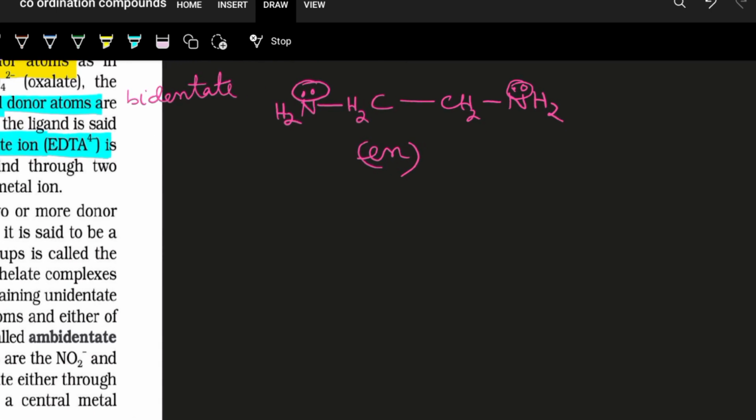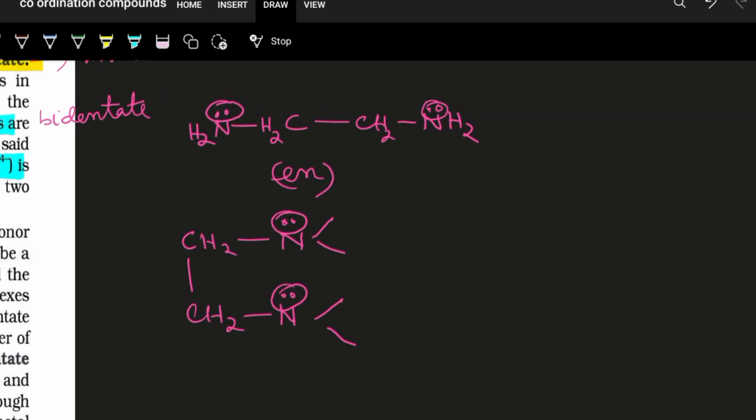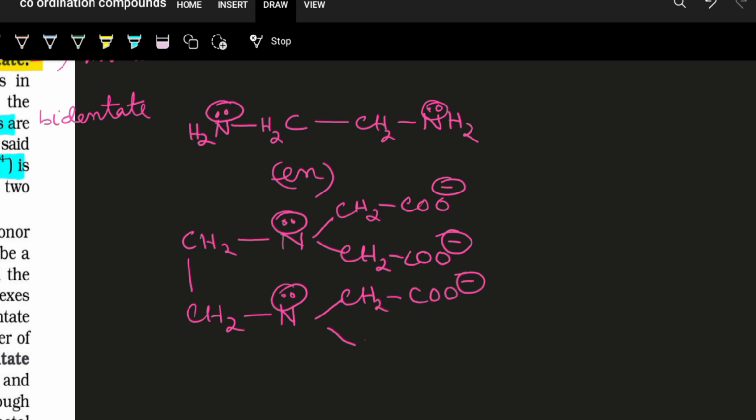Now, if I say ethylene diamine tetraacetate, here it is CH2, CH2. There are two N, and I'm giving the two valencies like this, again two valencies like this, with a lone pair above nitrogen. Tetra means 4. Acetate is CH3COO minus. When it gets bonded over here, it gets bonded as CH2COO minus. So the negative charge is again the donor site. So here there are 4 such CH2COO minus, and that is what we are seeing.